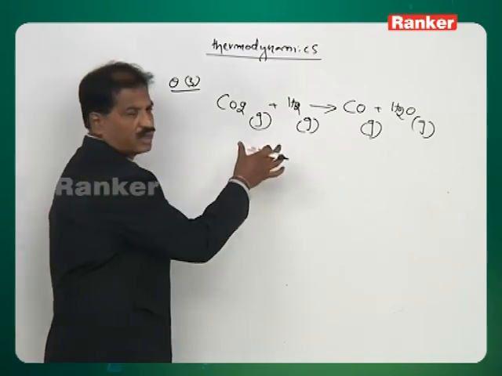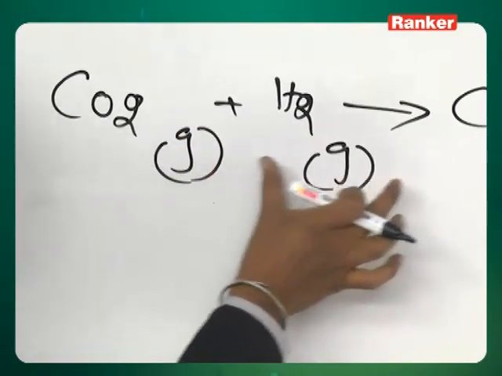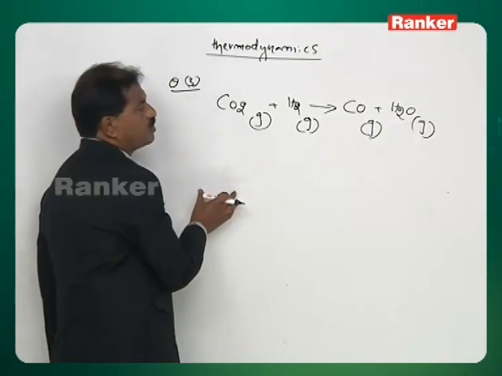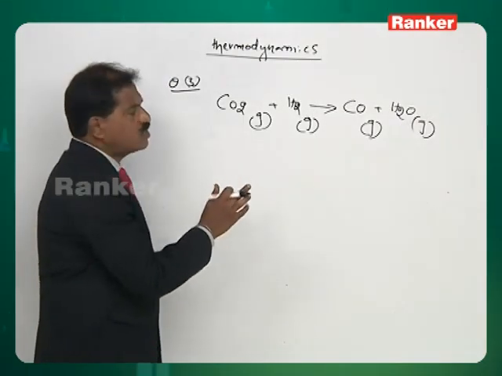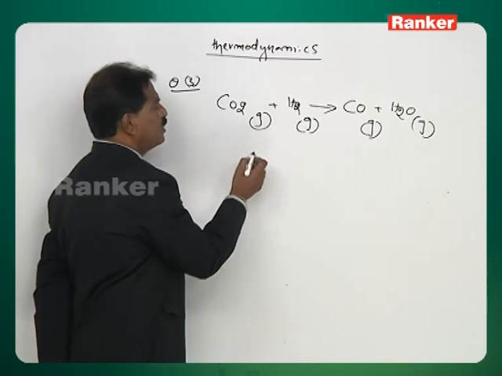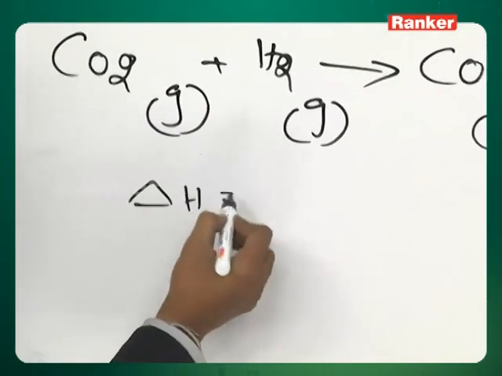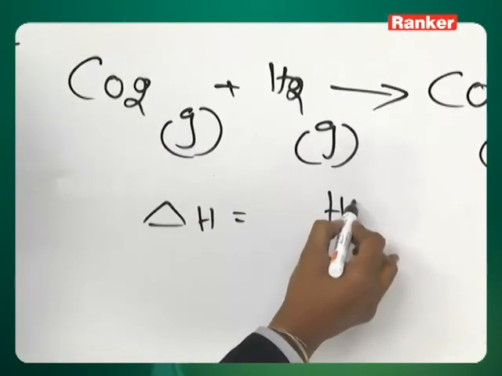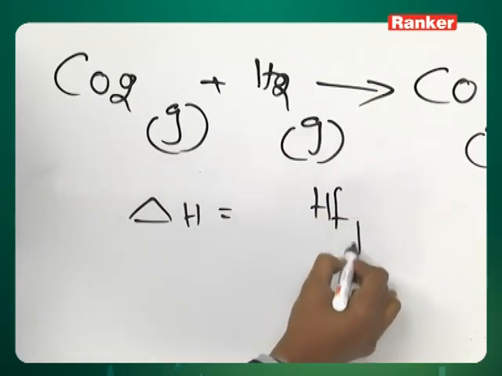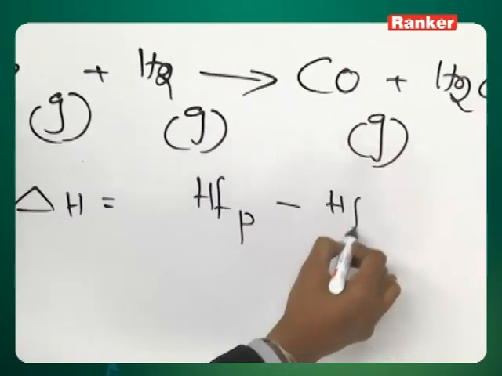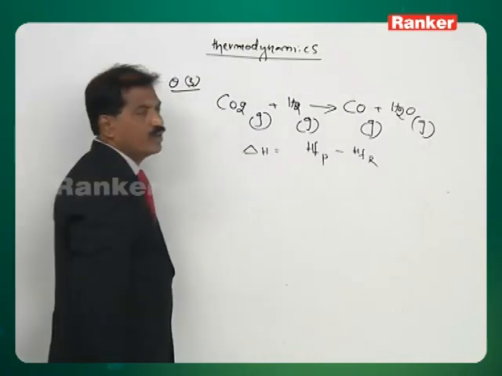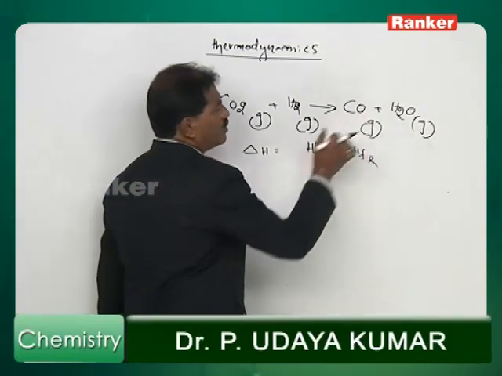They have given the enthalpy of formation of the various participating species. Whenever the enthalpy of formation of the reactants and products are given and they ask for the enthalpy change for the reaction, the formula is enthalpy of formation of the products minus enthalpy of formation of the reactants. Here the products are carbon monoxide and H2O.